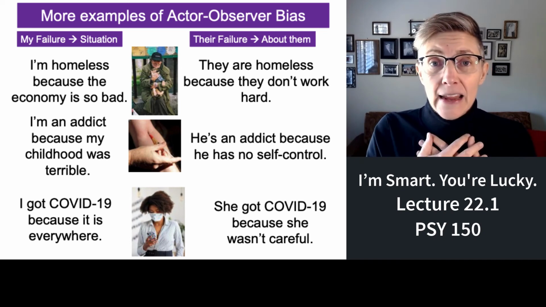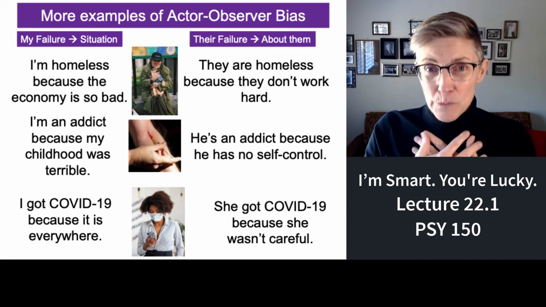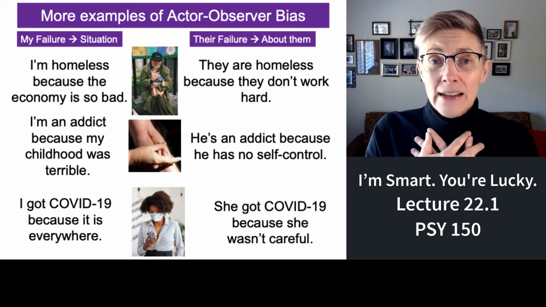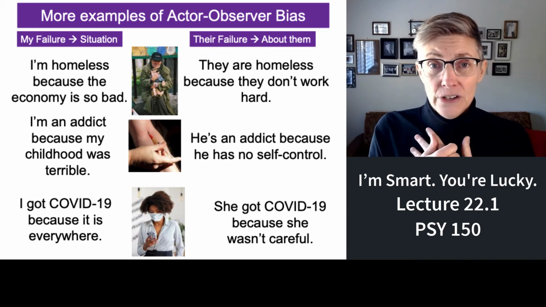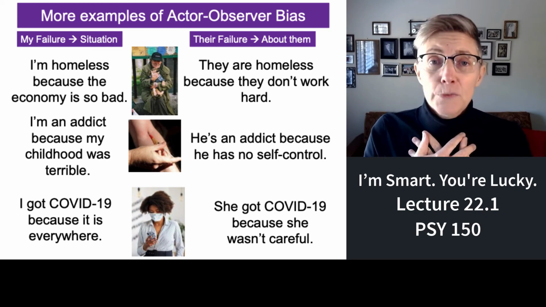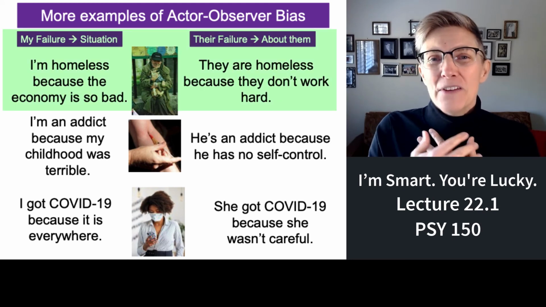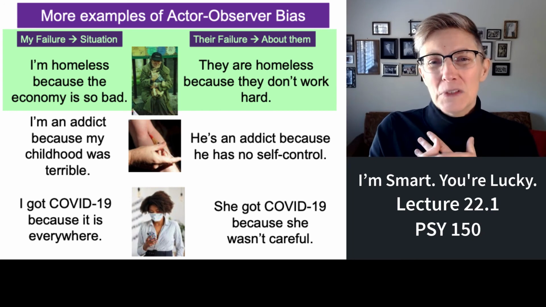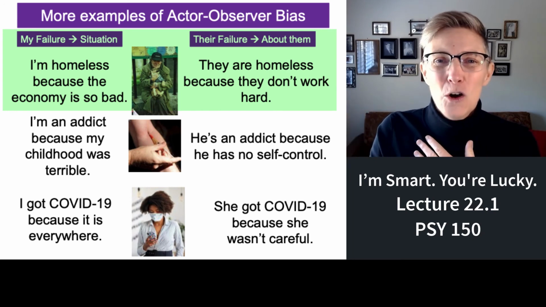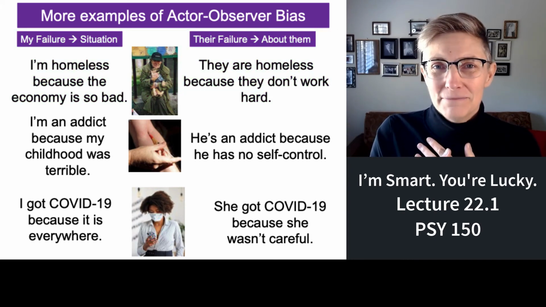Now let's say I'm homeless. The understanding that I make of my own situation is that I'm homeless because the economy is bad. But if I see somebody else who is homeless, I don't say they're homeless because the economy is bad. I'll say they're homeless because they don't work hard enough.